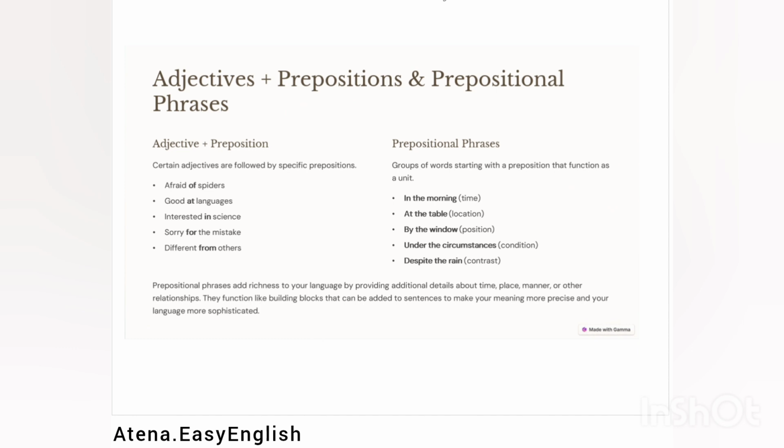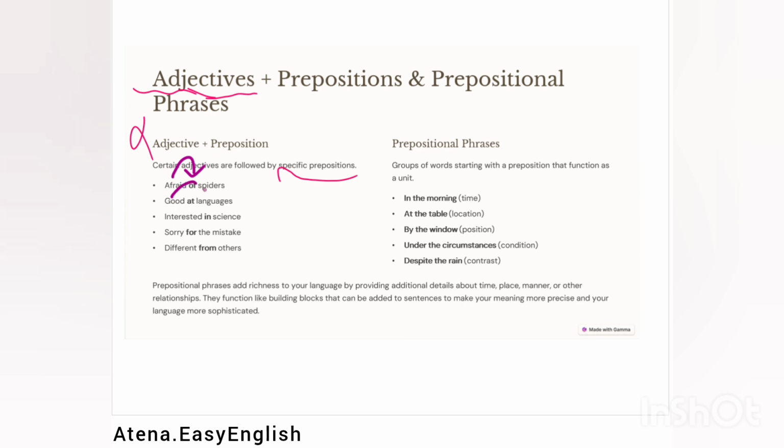Now, the next part, adjectives plus prepositions and prepositional phrases. So, as you can remember, in the first slide, we talked about verb plus prepositions and noun. Now, it's time to talk about adjectives. Adjective plus preposition. So, certain adjectives are followed by specific prepositions. Look at here. Afraid of spiders.